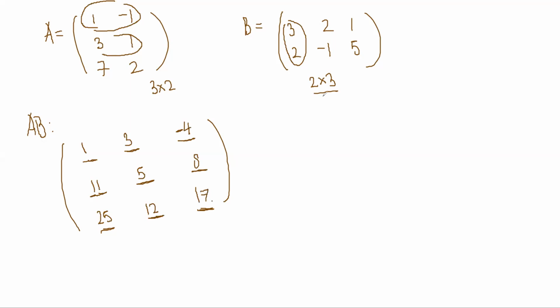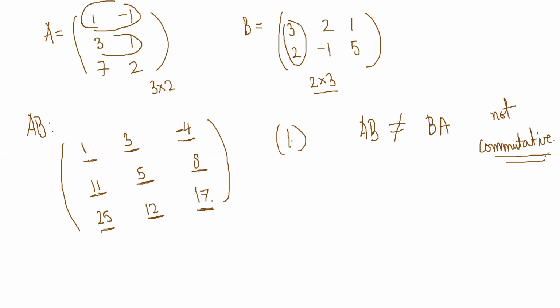You are doing this, so it should be fairly clear. And obviously, AB will not in general be equal to BA. Matrix multiplication is not commutative.